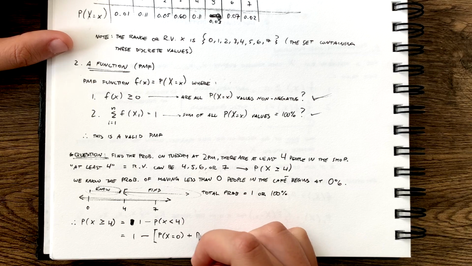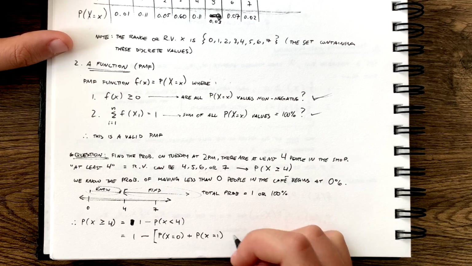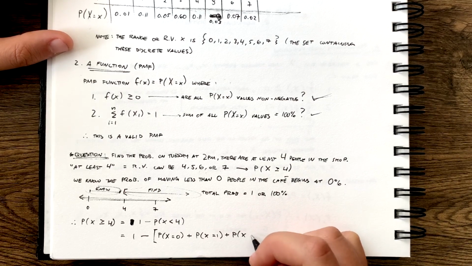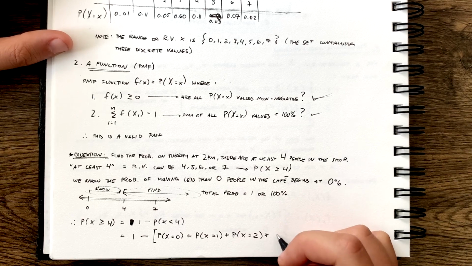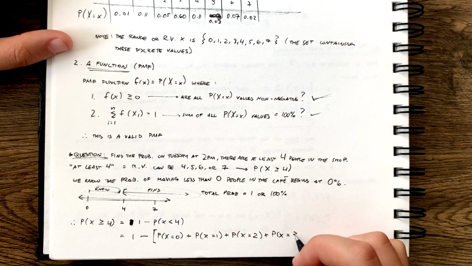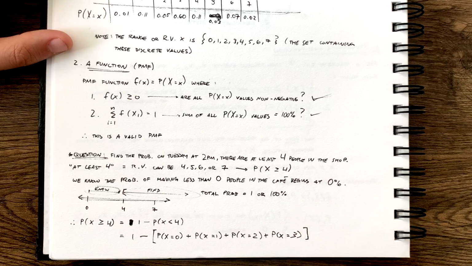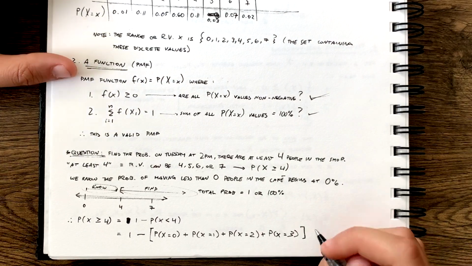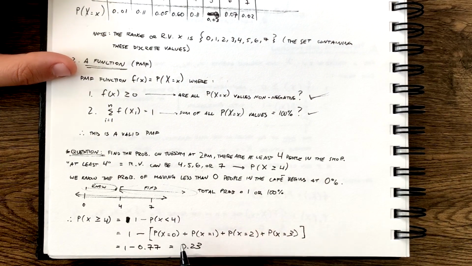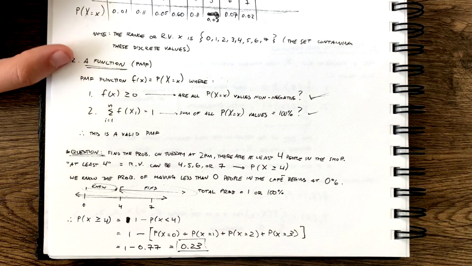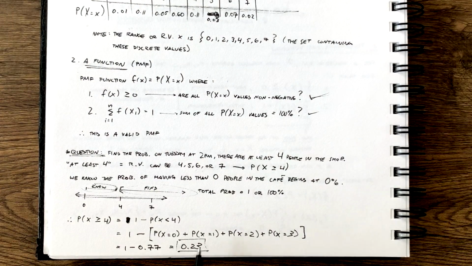And so we can break down the probability of x being less than 4, saying that is equal to the probability of x equals 0 plus probability of x equals 1 plus so on, all the way to the probability of x equals 3. We can subtract this from 1 and find that this equals 0.23 or 23% chance of there being at least 4 people in the cafe.